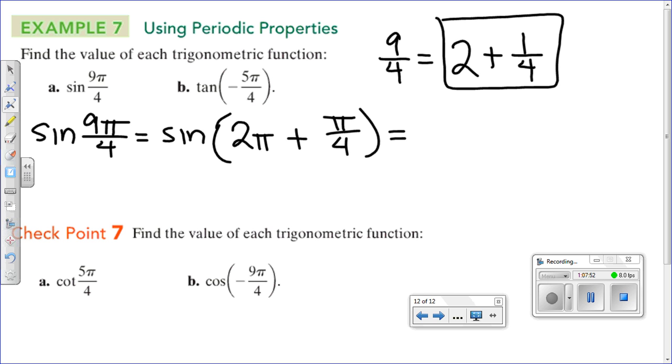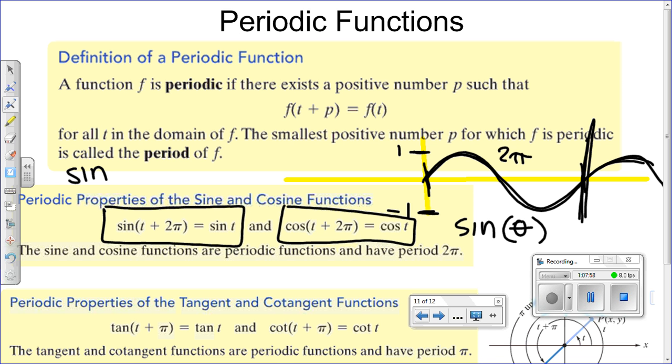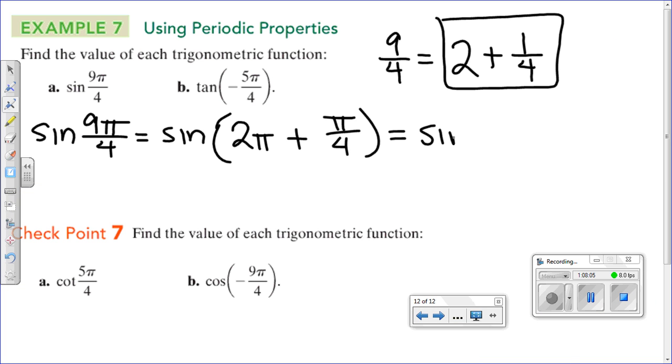Too bad. Okay, so based on the previous slide, what is the sine of 2 pi plus pi over 4? If it repeats, then that should be equal to just the sine of pi over 4. Do we all know the sine of pi over 4? Of course we do.